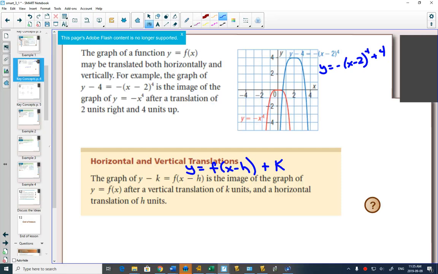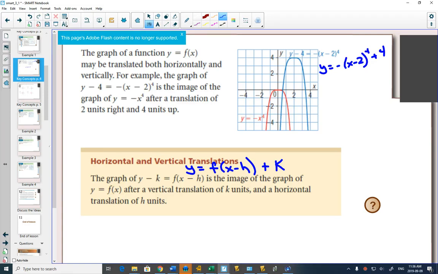Well, the 2 to the right has to happen inside the function, and the 4 up has to happen outside the function. So in this case, with the blue graph, the 2 to the right shows up as x minus 2 inside the function that's getting to the power of 4. And then the plus 4 shows up afterwards.